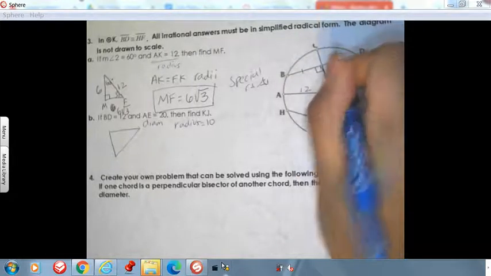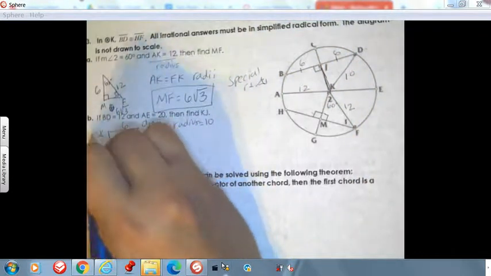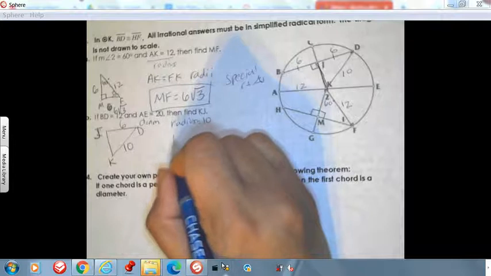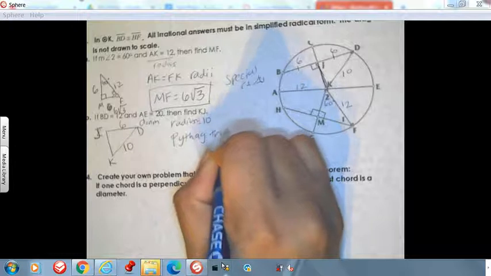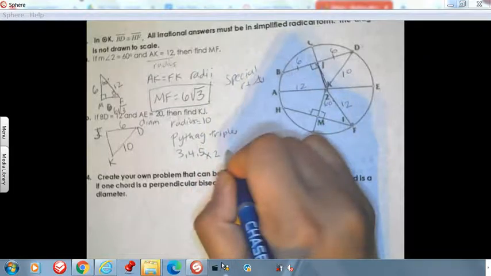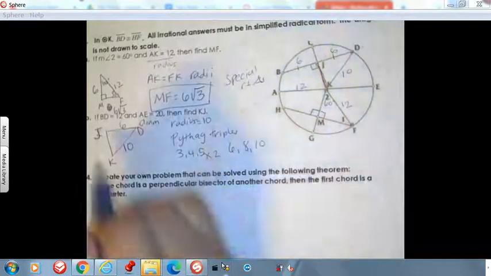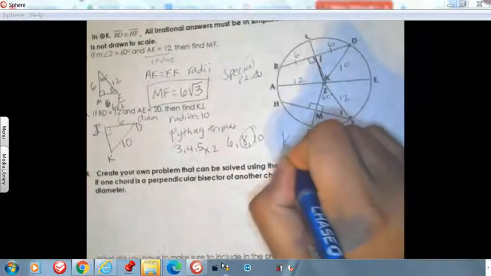If I know those are 6 and 10, I could use the Pythagorean theorem to figure out KJ. J is up here, K down here, and this one's D. Or this is actually a Pythagorean triple, which is the quickest way to find the answer. It is a 3, 4, 5 that's been multiplied by 2, so 6, 8, 10. That means the other leg would have to be 8 units for KJ, or JK, whichever way you choose to write it.